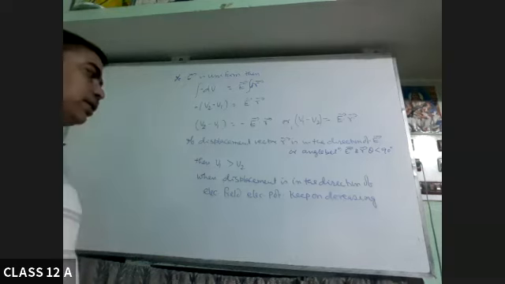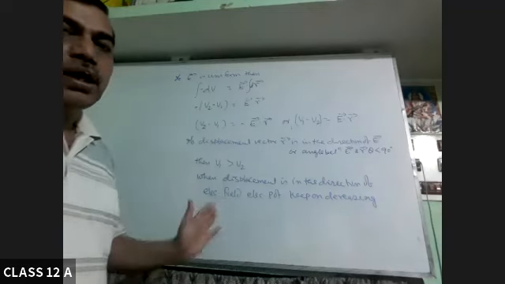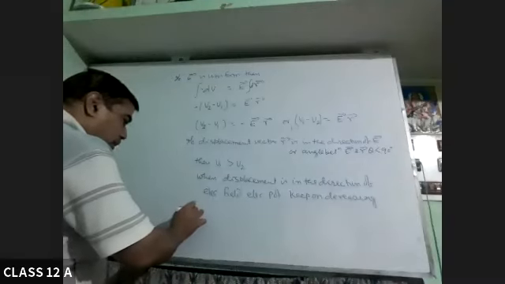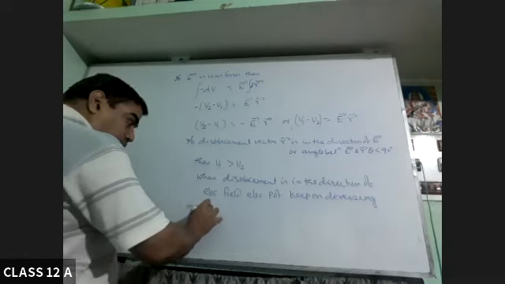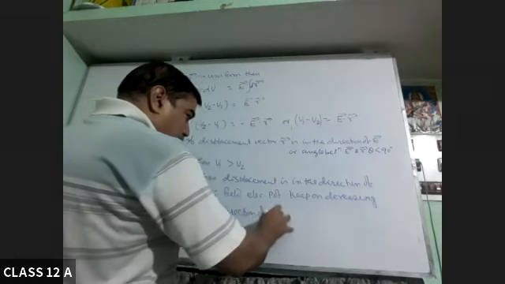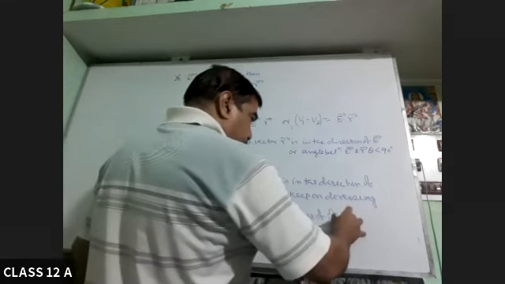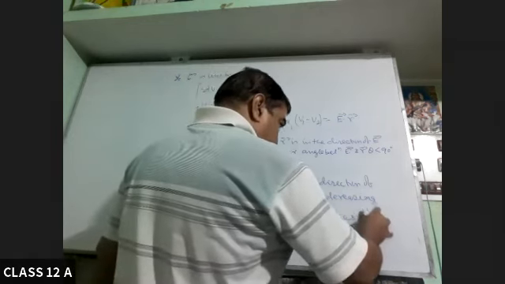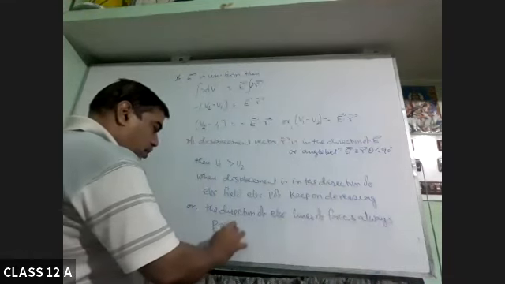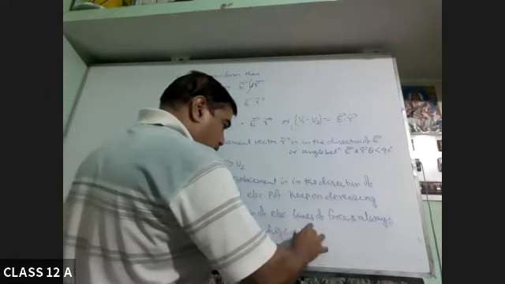Or indirectly we say the electric lines of force will move from higher potential to lower potential. Or we can say the direction of electric lines of force always points from higher potential to lower potential.